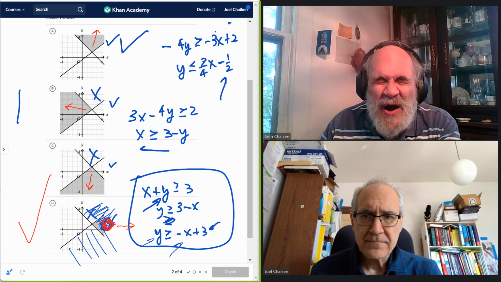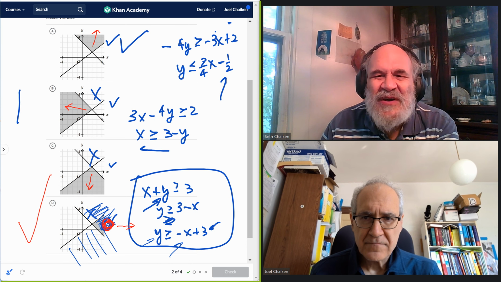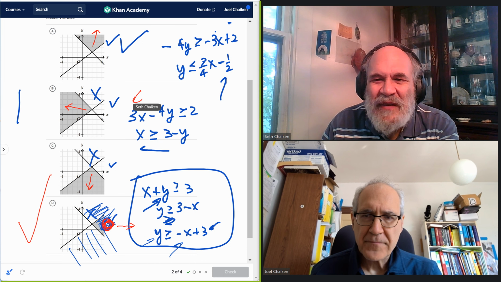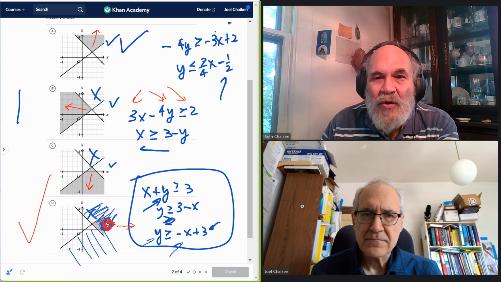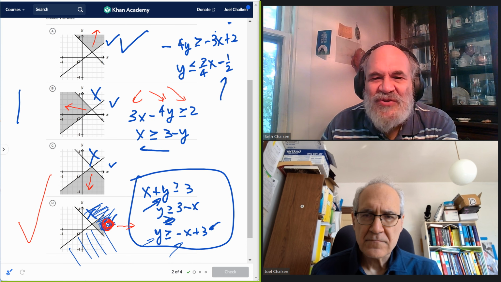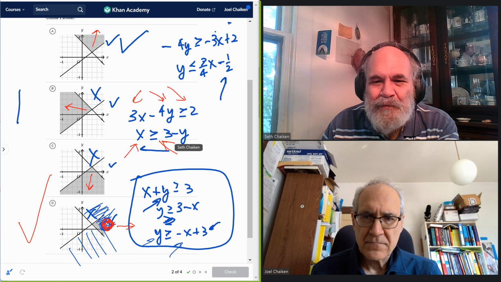And so the combination of inequalities, the signs of the coefficients and the direction of the inequality symbol, determine for each of the 2 inequalities which of the 4 gray regions it is.